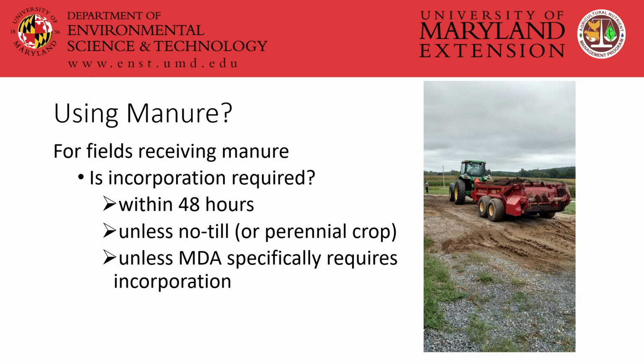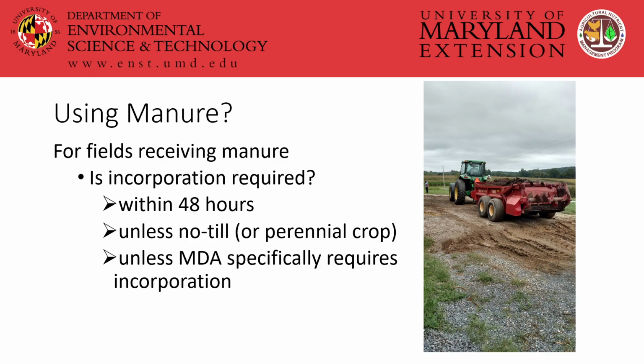So for fields receiving manure, sometimes incorporation of that manure is going to be required. It's required within 48 hours for them to till the manure in, unless they are a no-till operation, being that they use that as a regular practice on their farm. Hay fields, perennial pasture, that kind of stuff fits that bill.